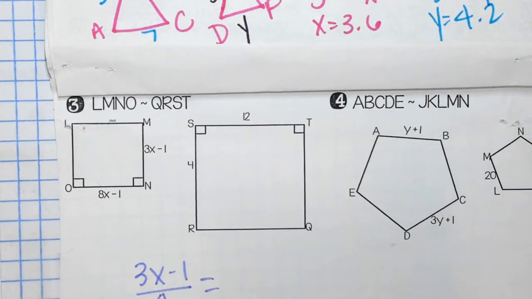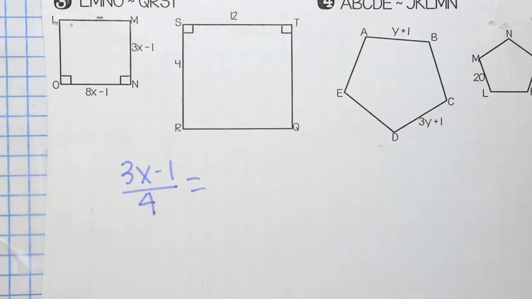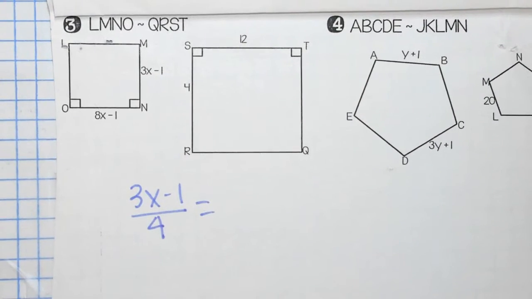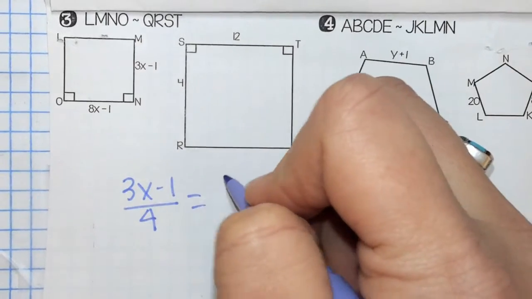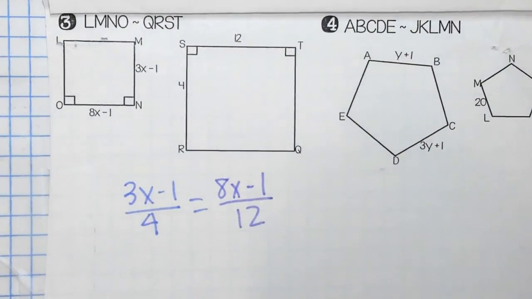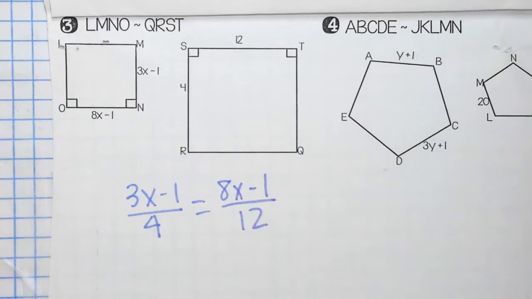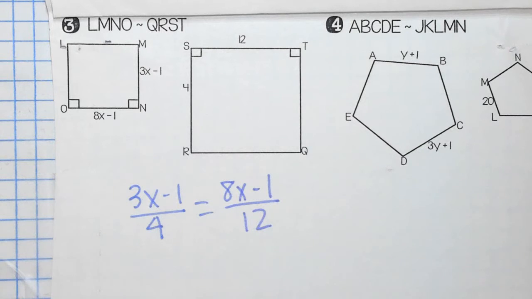And we're going to set that equal to, what corresponds with ON, or NO, whichever one? 12, right? Good. So we're going to do 8x minus 1 divided by 12. That's it. You just match up the sides. You make a proportion. How do we solve a proportion? Cross multiply. Look at us go.